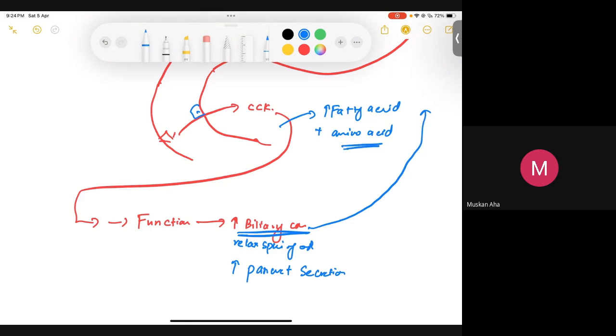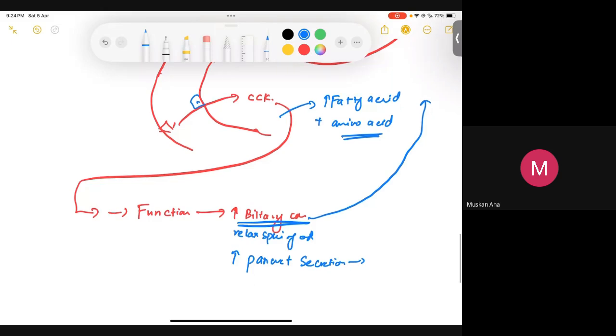What else? Amino acids, because CCK increases the pancreatic secretion, which also helps in degradation of your amino acid, proteinaceous content. Is that clear?